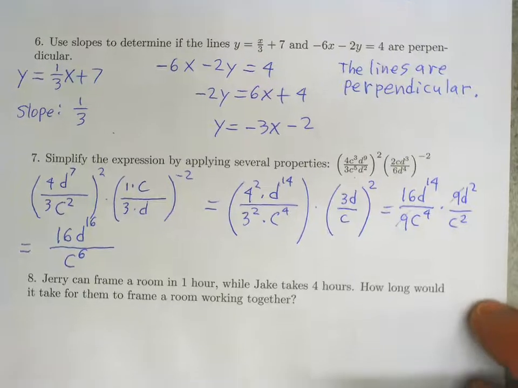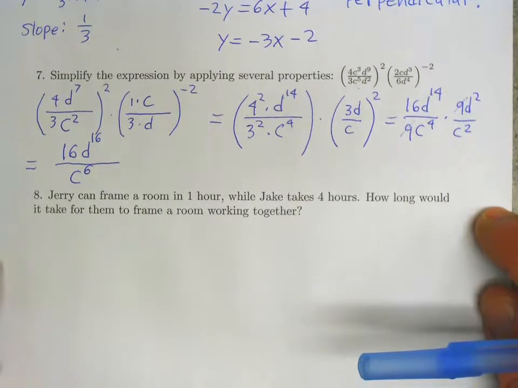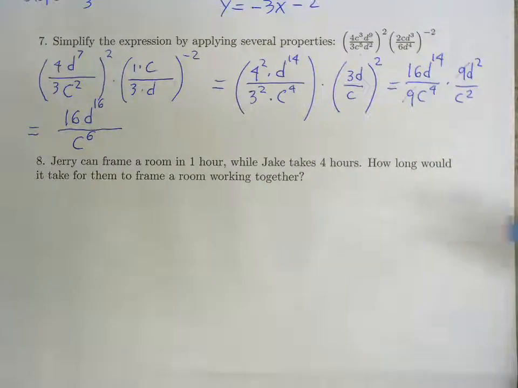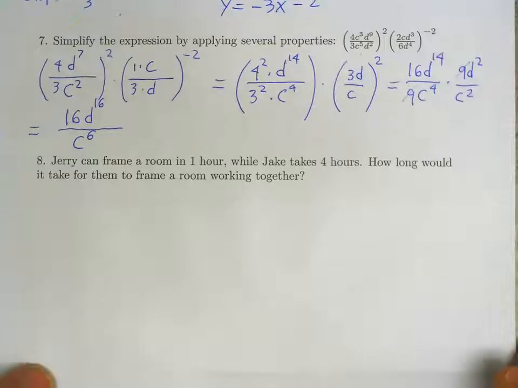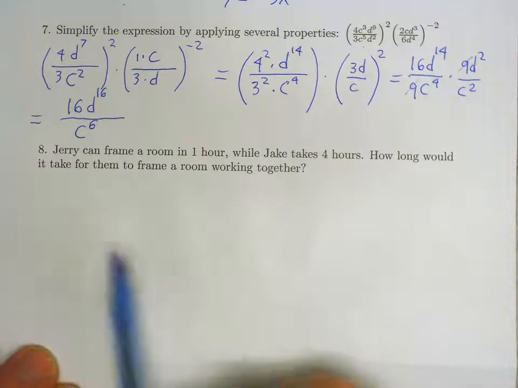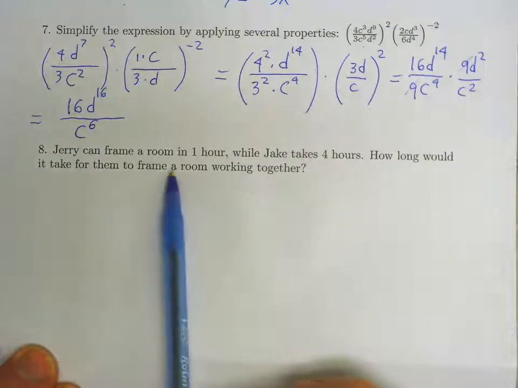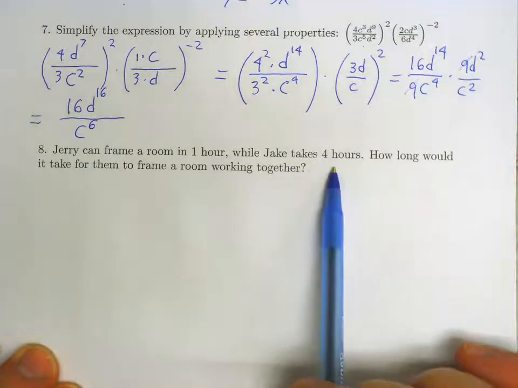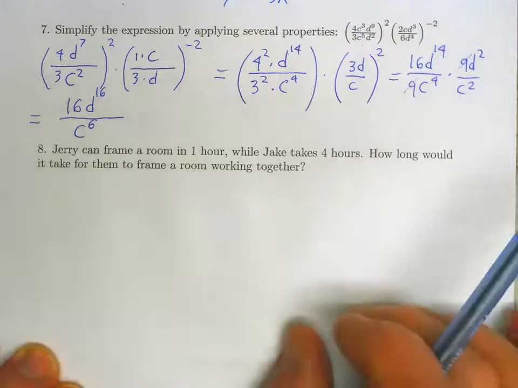Okay, the next problem, number 8. This is a work problem. Equations have the form rate times time equals 1. Okay, so we're told that Jerry can frame a room in 1 hour, and it takes Jake 4 hours to do the same job.